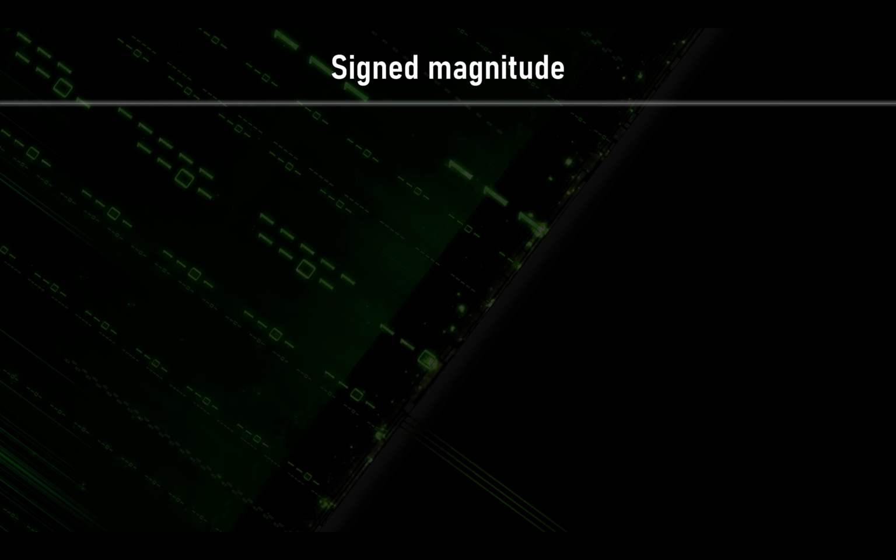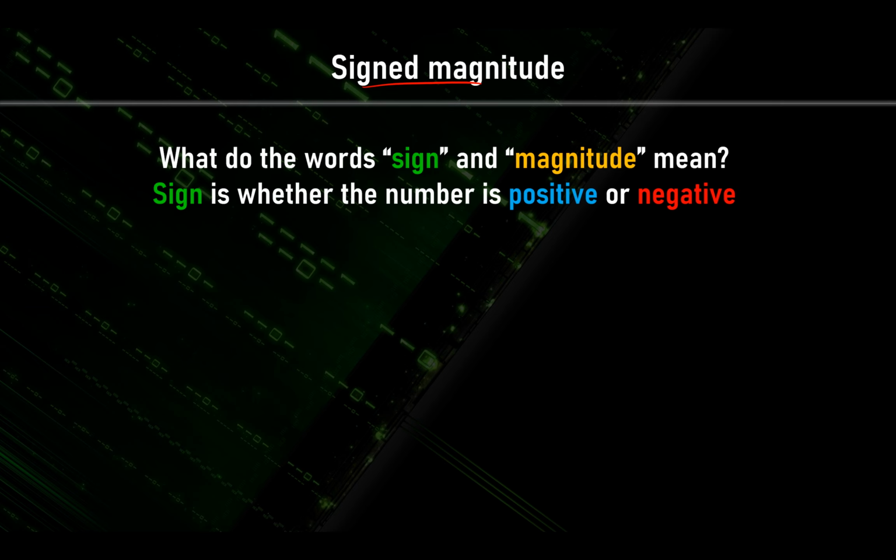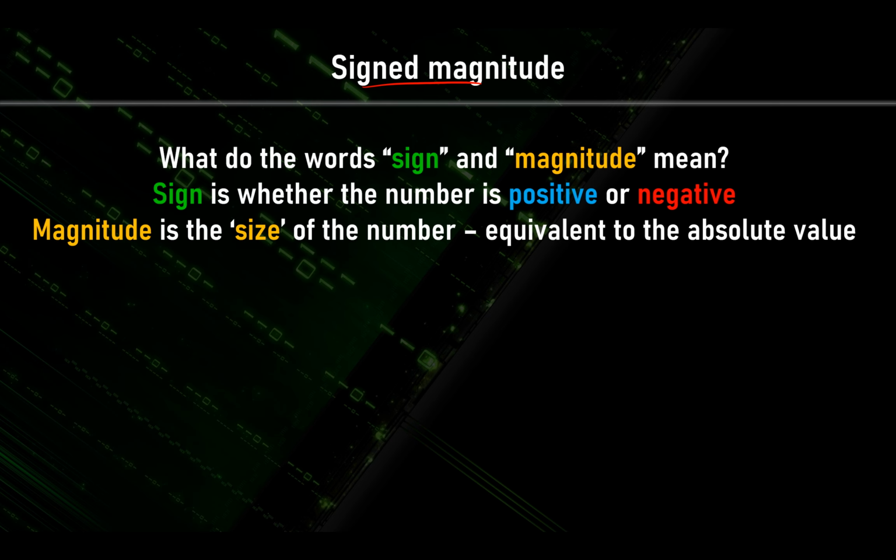Hopefully not too complex. If we think about what the words sign and magnitude mean, the name actually becomes quite logical. Sign is just whether the number is positive or negative, plus sign, minus sign. And magnitude is basically the size of the number, which is also equivalent to the absolute value.